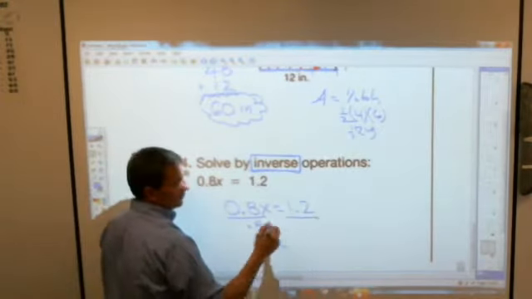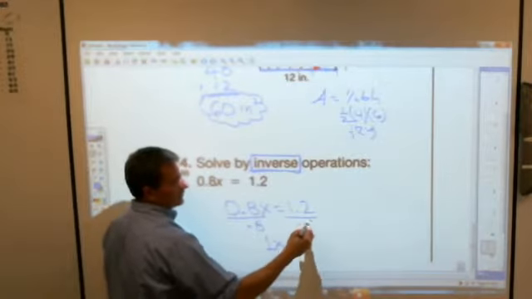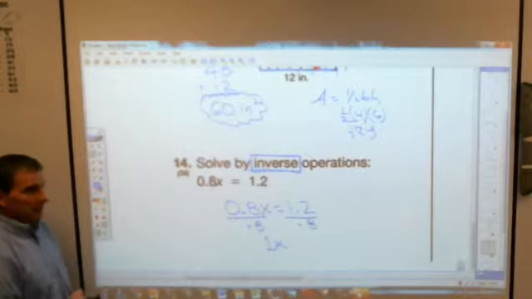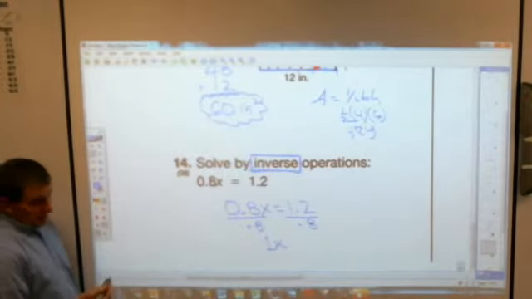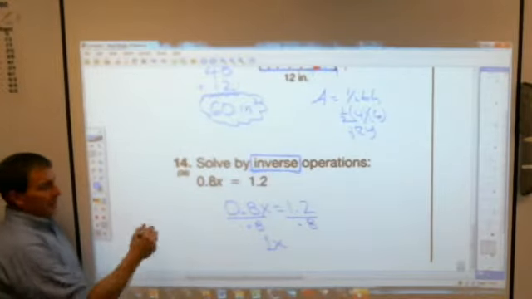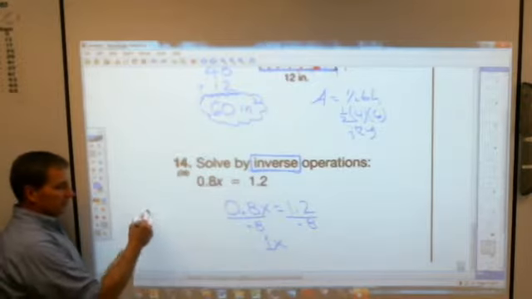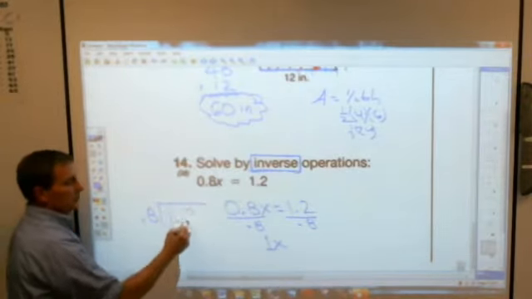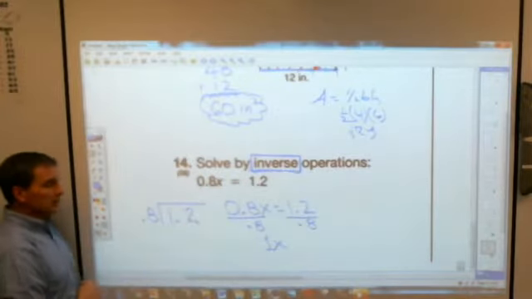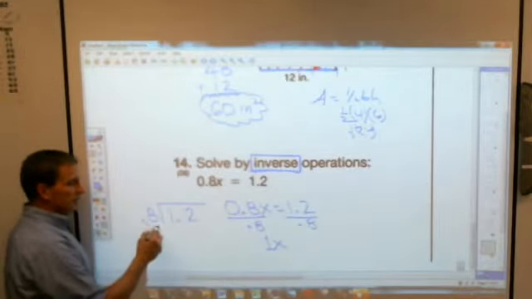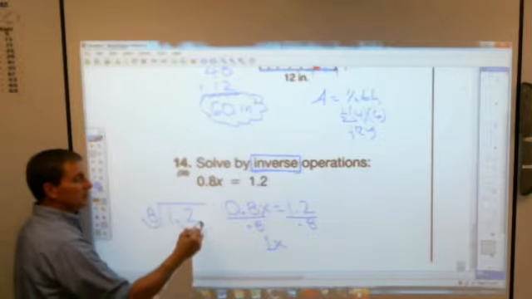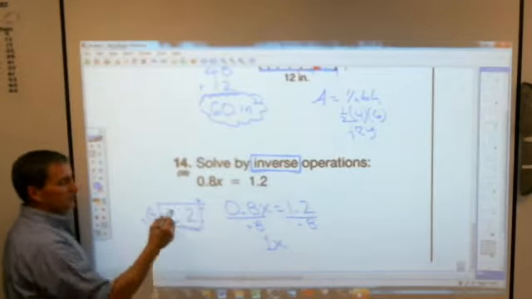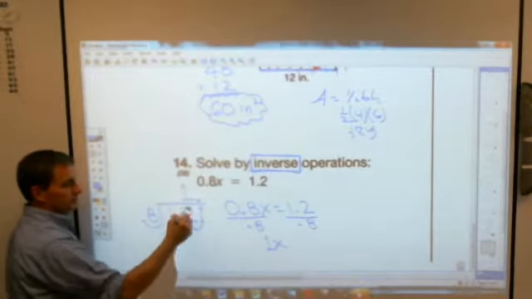But the rule says if you divide one side by it, you've got to divide the other side by it, and you also must divide that by 0.8. Now this maybe is where people get confused, but the 0.8 is the one doing the dividing. It is the divisor. Inside is the 1.2. It is the dividend. And your answer, you have to move the decimal, remember? Move the decimal, it goes right here. 8 goes into 12 once.